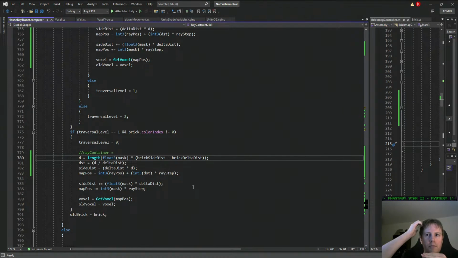So what happens here is that to rebuild the ray, we multiply the side dist, which is currently how far each axis has traveled in total, and we subtract the last axis delta dist from that, which is the step, or how far it travels each step.